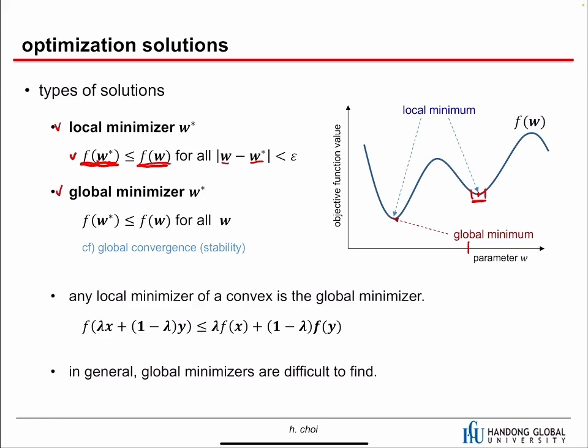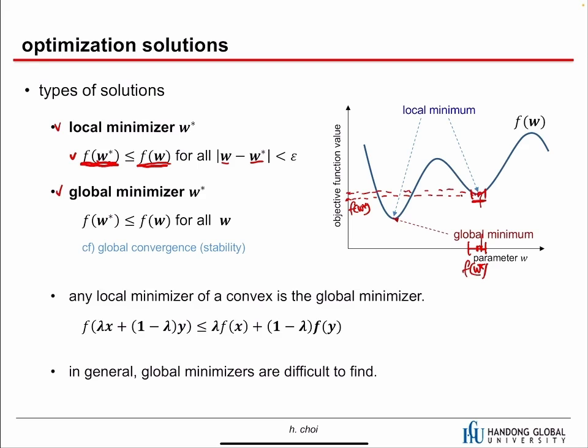So actually we have to talk about the parameter on this axis. This one is w star. f of w star is this value. This one is w. Then f of w is higher than f of w star.